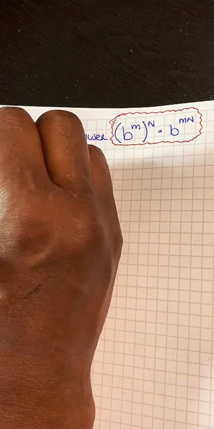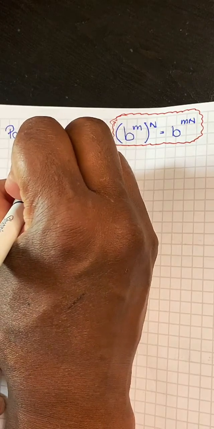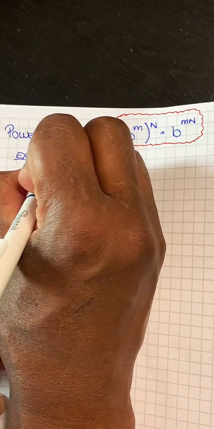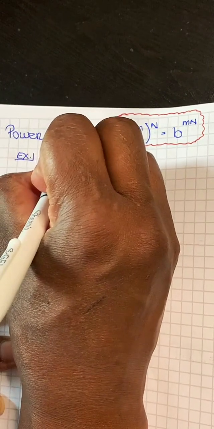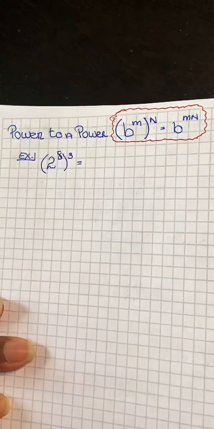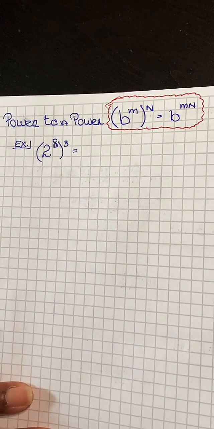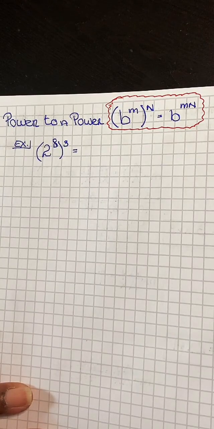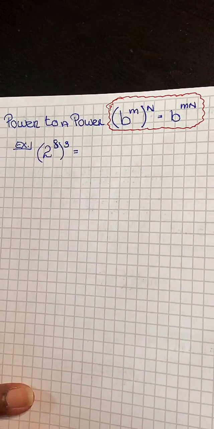Okay, so let's see. If we have, let's say, 2 to the 8th raised to the 3rd power.